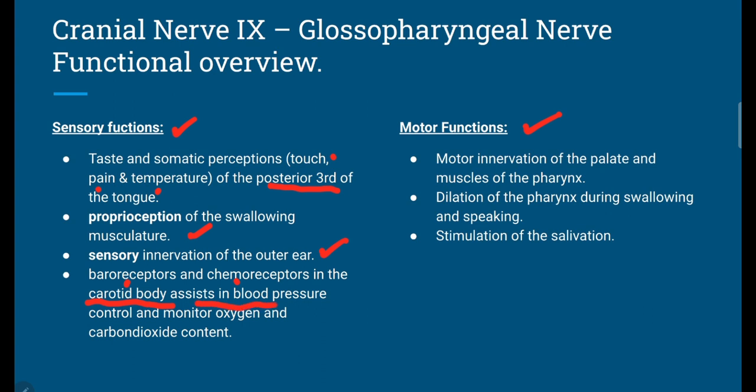That will assist in blood pressure control, and in turn monitor the oxygenation and carbon dioxide content in the blood. The motor function includes the innervation of the palate and the muscles of the pharynx. It also helps with the dilation of the pharynx during swallowing and speaking, and finally it helps stimulate salivation when the person is going to eat food.